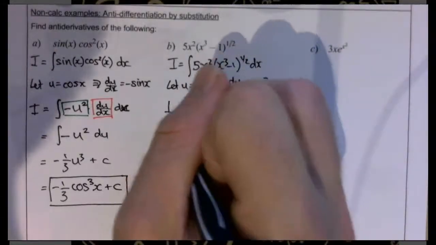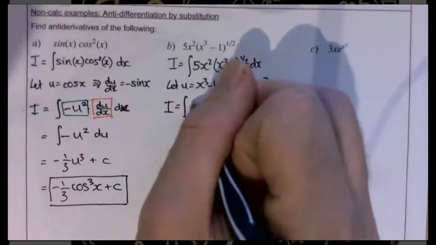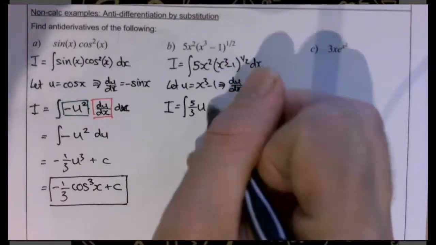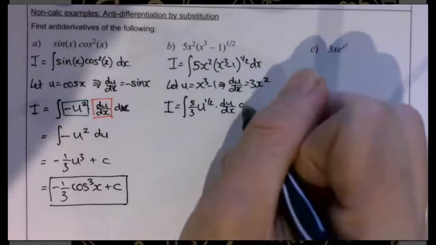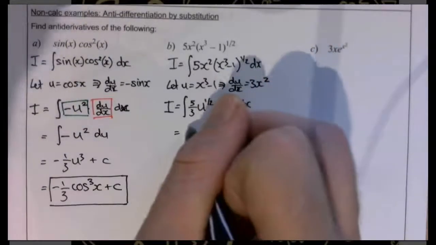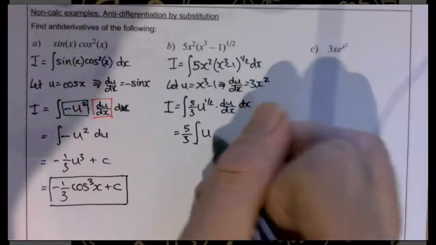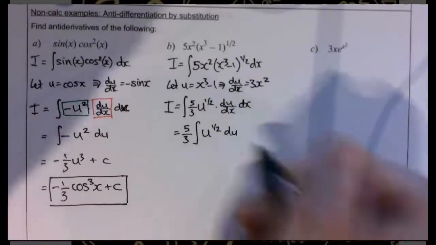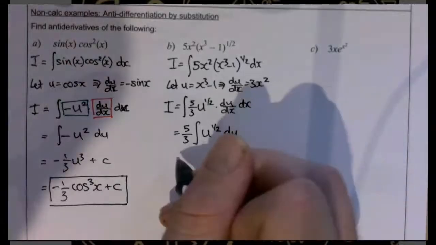Then, that means that your integral has transformed to 5/3 u to the power a half times du by dx, which is the same as 5/3 times the integral of u to the power a half du, and we've changed a difficult integration to an easy integration.